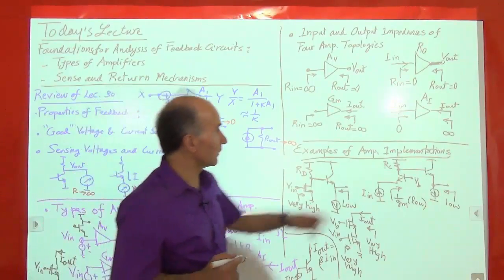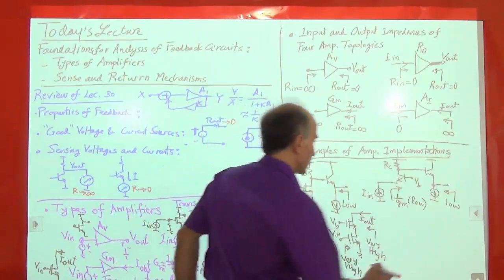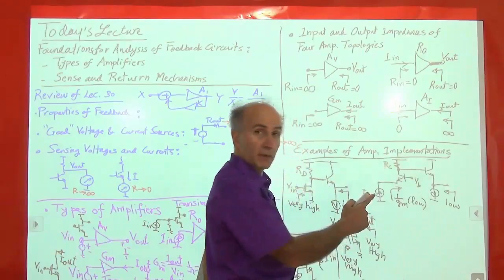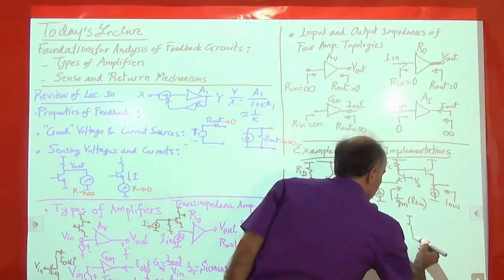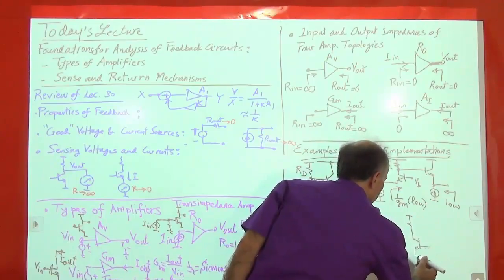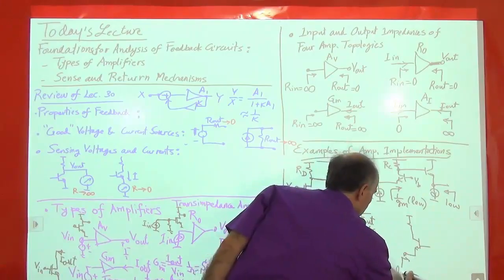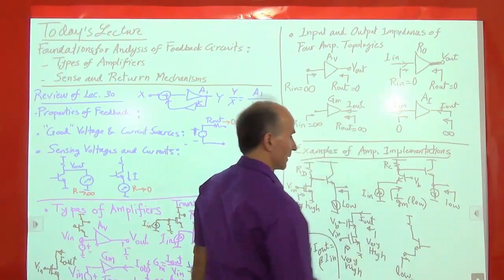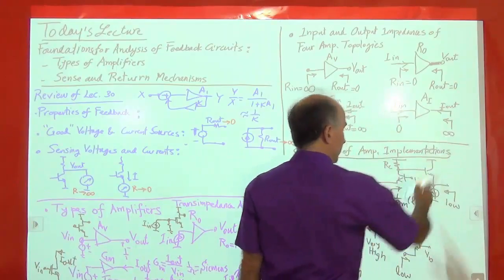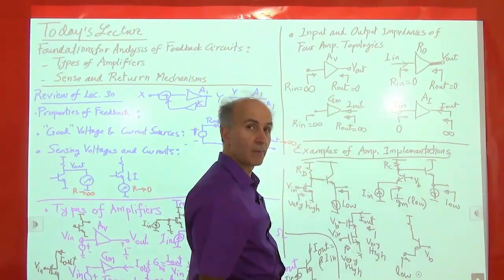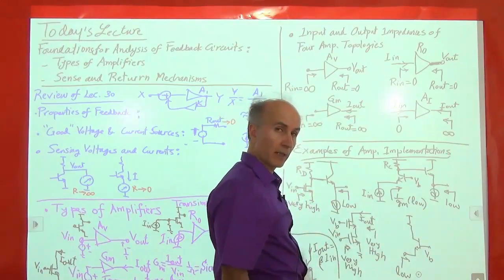And lastly, we are looking for a current amplifier. So how can we do that? Well, here's an example. We want to have a low input impedance, right? So why don't we use one of these guys here? And here's a low input impedance. So we say low. And then I want to have a high output impedance. This impedance is not that high, right? It's just RC. So what can I do?